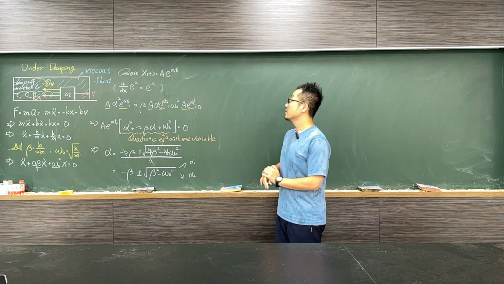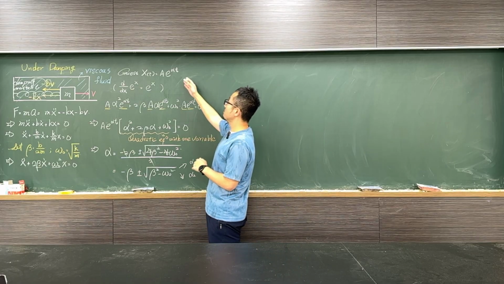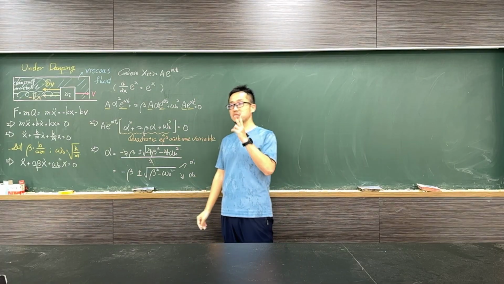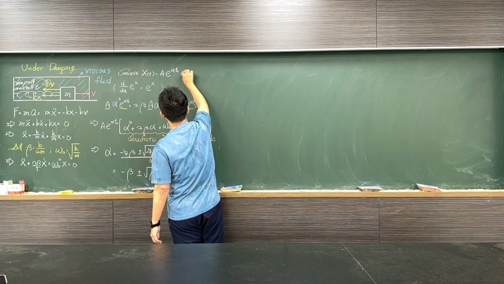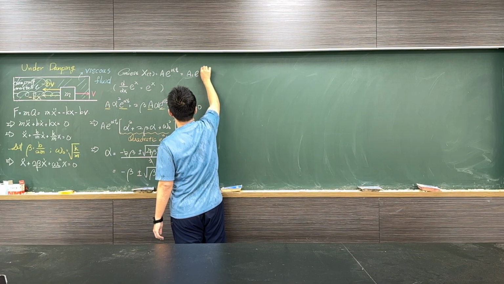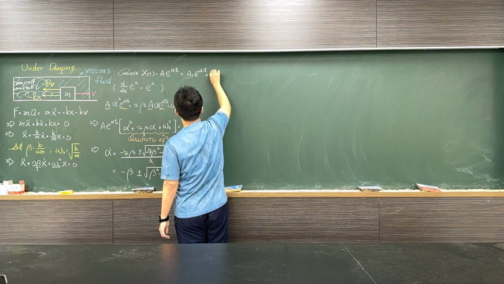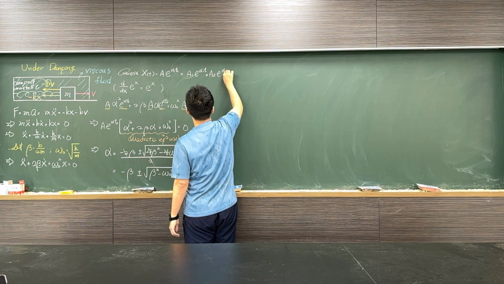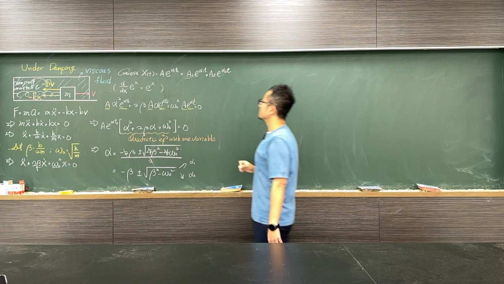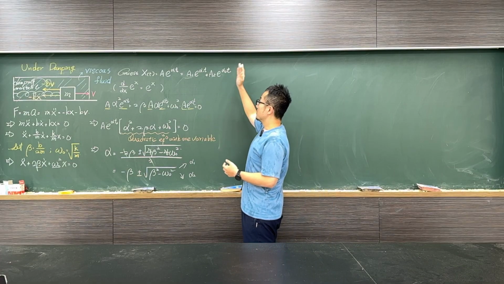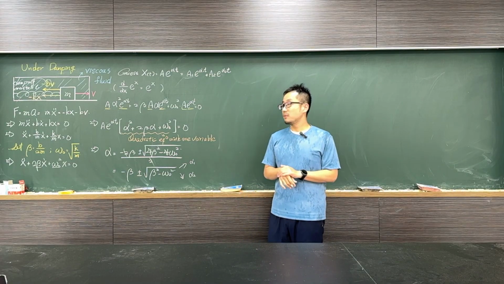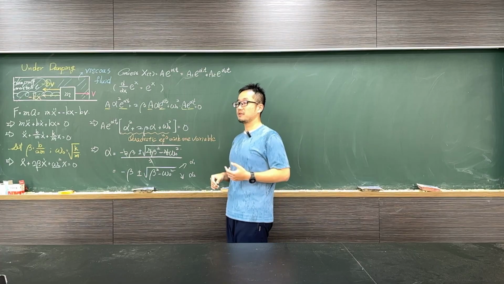All right. Since the possible solution is A times e to the alpha t, but I get 2 possible alphas, these possible solutions can be written as A1 times e to the alpha 1 t plus A2 times e to the alpha 2 t. Our final goal is to find the solution, x of t. I want to find the solution, x as a function of time.